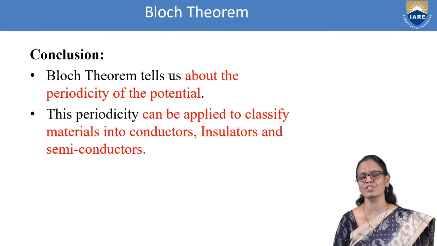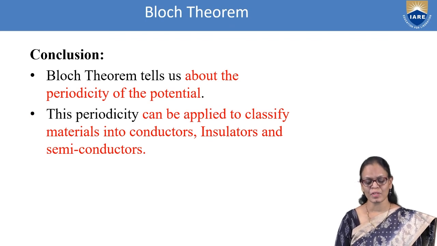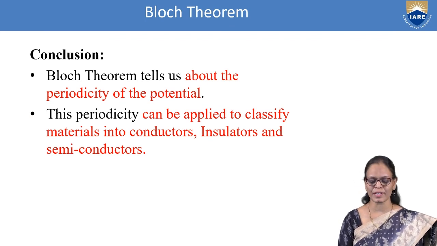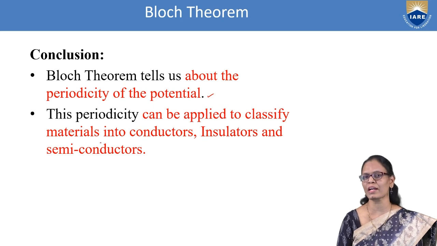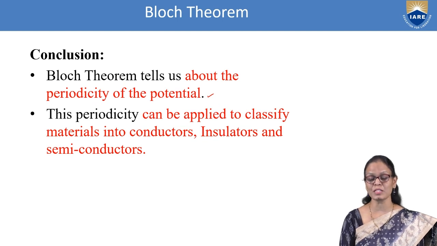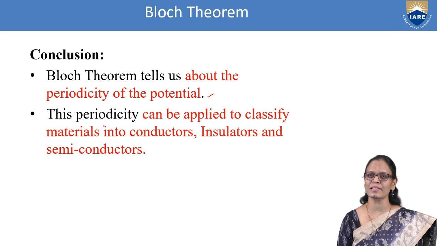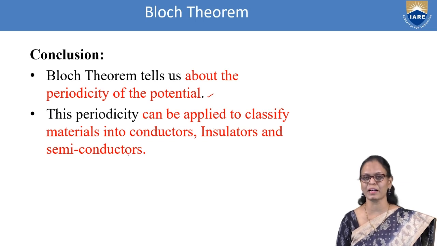Now, what is the conclusion of this Bloch theorem? It tells us about the periodicity of the potential. The first thing we understood is the potential periodicity, how the potential varies periodically, and this Bloch theorem clearly explains that, and this periodicity can be applied to classify the materials into conductors, insulators, and semiconductors.